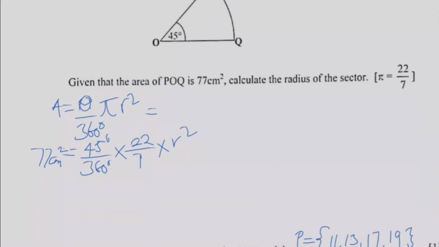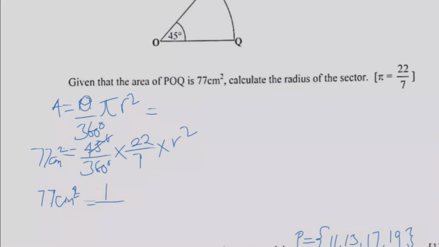Once we have this, we can start simplifying. Let me deal with the fractions first. We can write 77 centimeters squared, which is the area of that sector. Then 45 into 45 goes 1 time.